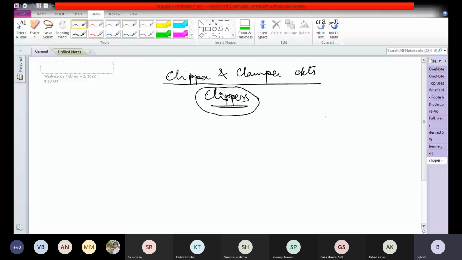So the half-wave rectifier is an example of a clipper circuit because regardless of the variation in the input voltage versus time, we get the output like this. Neglecting V gamma and all the things, roughly speaking, we get the output as this. So the output voltage does not go below 0. Therefore, it is an example of a clipper circuit.